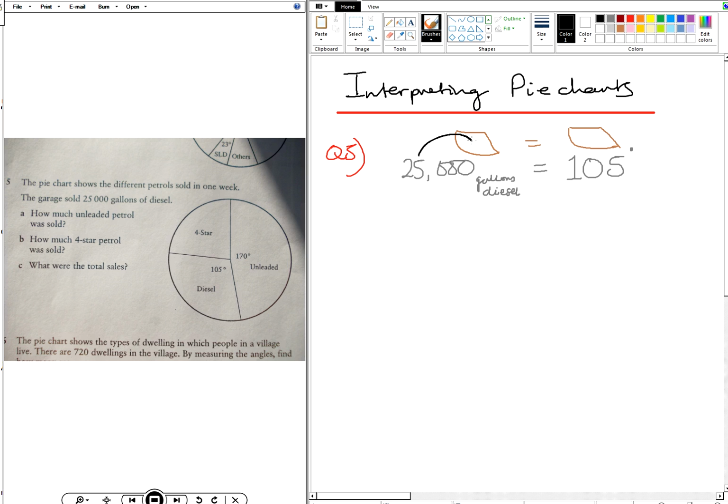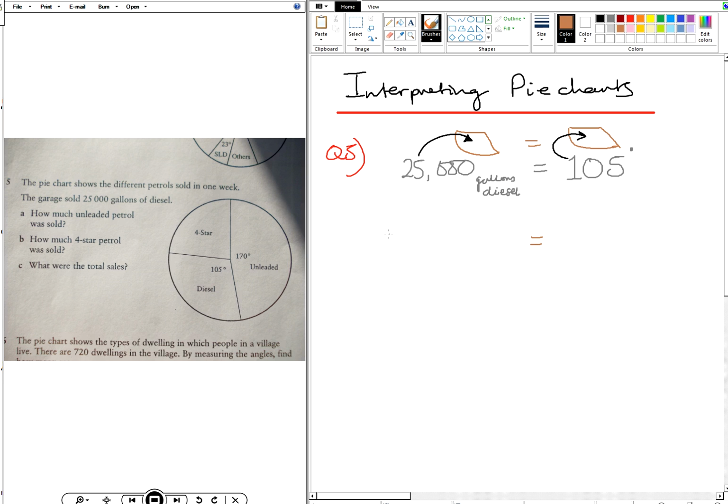So we have 25,000 gallons in that part of the pie chart. And that part of the pie chart is worth in reality how many degrees? 105. So here they're telling you what portion of the pie chart. As long as they give us a complete set of information, we're good to go.